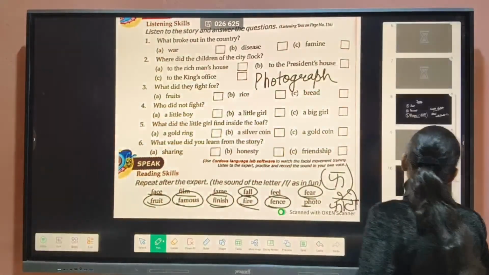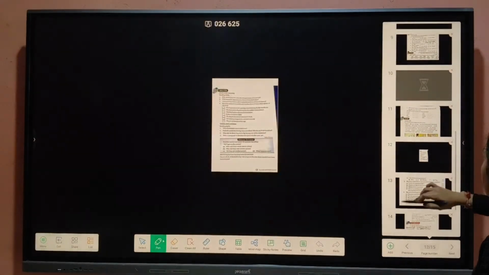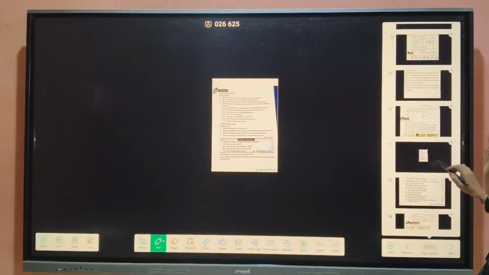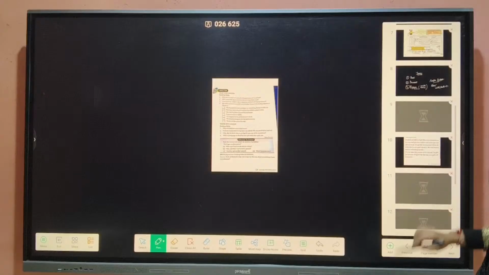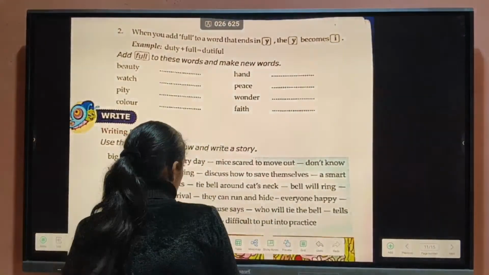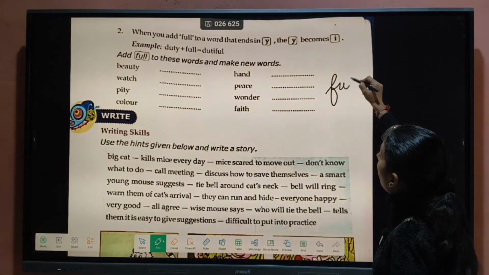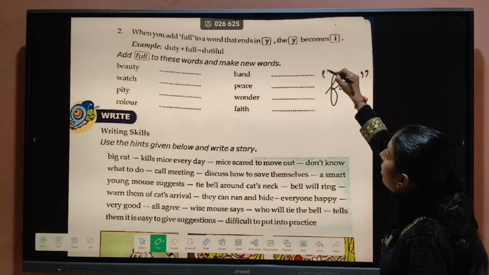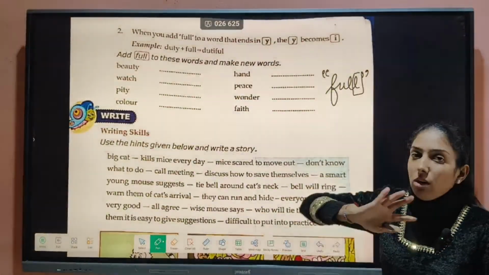Okay. So, beta, let us move to our last part of the exercise. Here are some rules. What is the rule? Whenever you add full, F-U-L-L, full, to any word, we will remove one L of it.